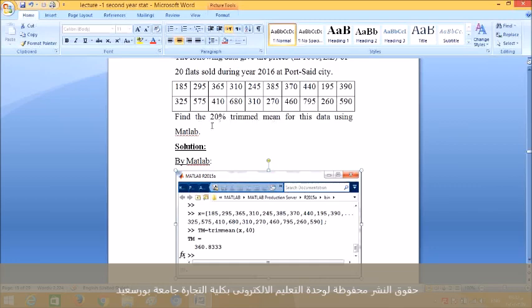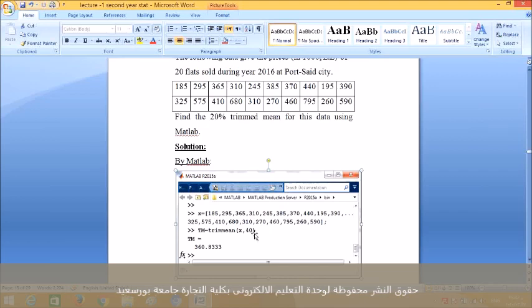20% here means that we omit 20% from the right side and another 20% from the left side. When computing the trimmed mean using MATLAB, add the percentages to each other, so 20 and 20 equal 40.